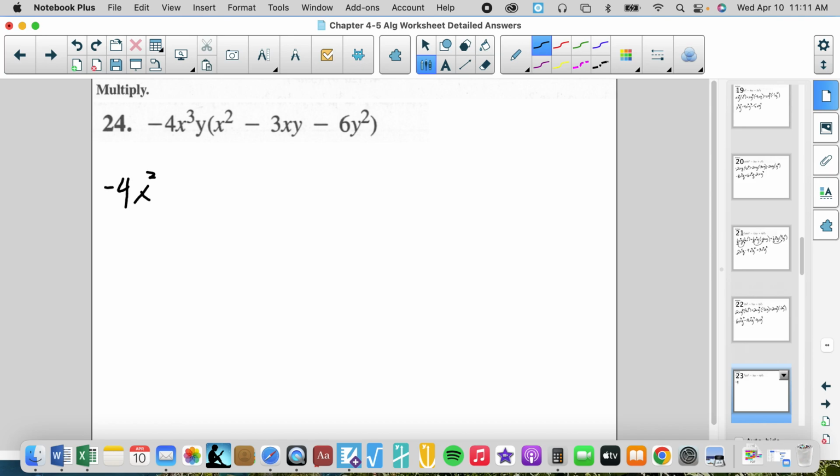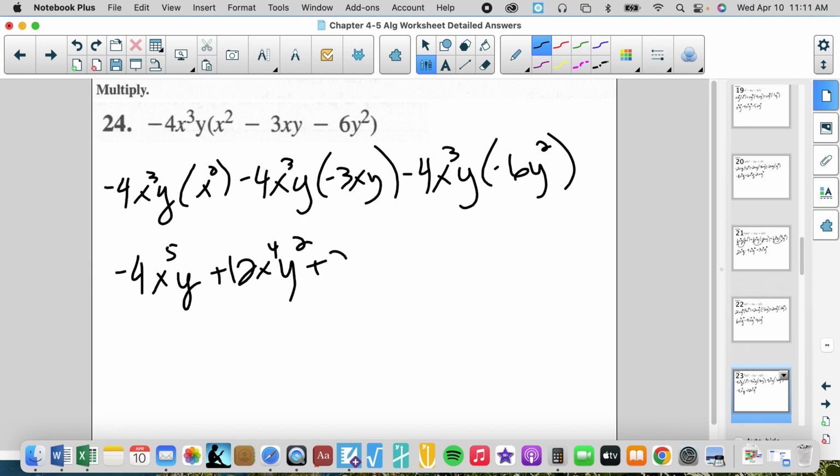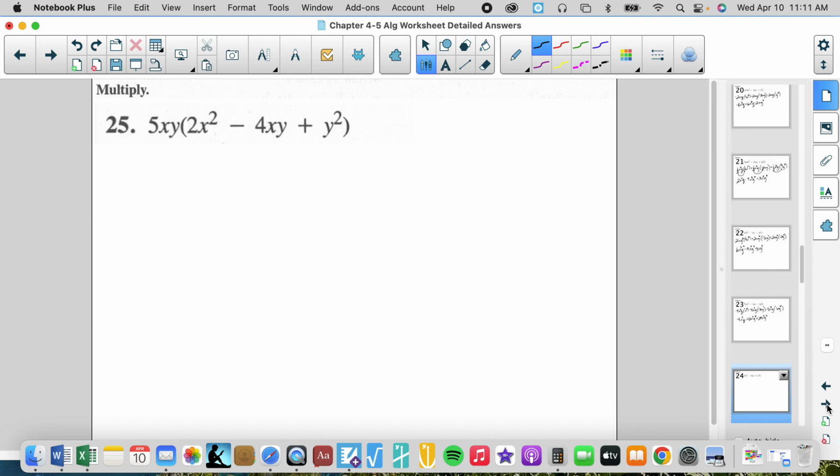Negative 4x to the third y times x squared minus 4x to the third y times negative 3xy, and negative 4x to the third y times negative 6y squared. Negative 4x to the fifth y plus 12x to the fourth y squared plus 24x to the third y to the third. Making sure I did that correctly. Yep. Descending order. We're good.